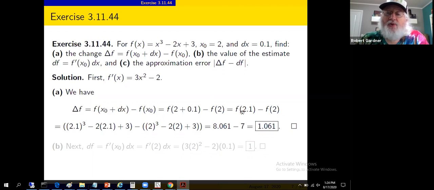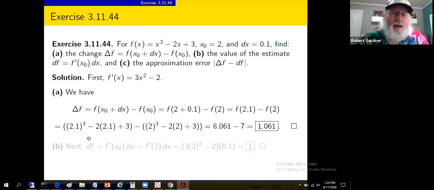Maybe rewrite that a little bit. We're dealing with f of 2.1 minus f of 2, because x changed from 2 to 2.1. Remember, dx was 0.1. And these we can plug into the original function, and these we can actually evaluate. You could do this without a calculator. It's kind of the idea.